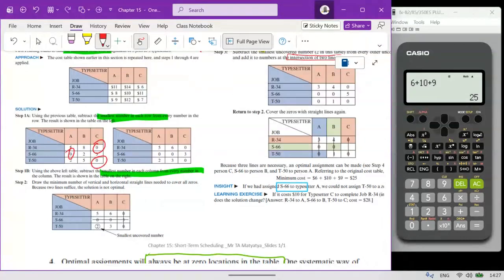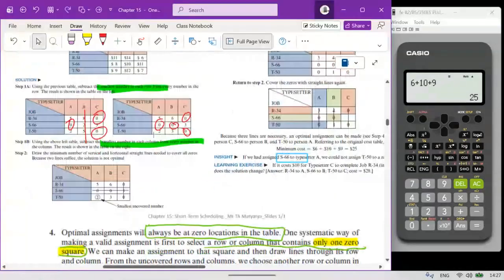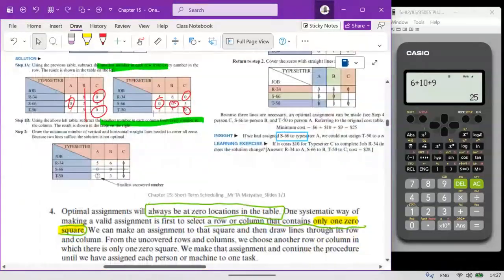Now we are including these ones here, which is this one. So now we have this, that, that. Then now we are using the minimum one. So they say draw the minimum number of vertical and horizontal lines needed to cover all zeros, because if two lines suffice, the solution is not optimal.